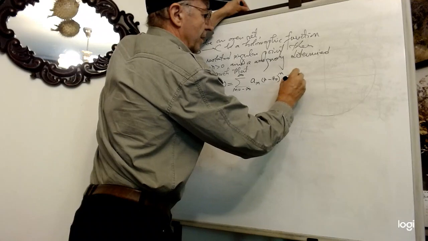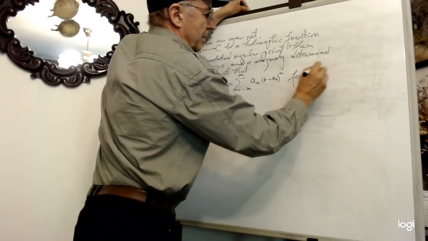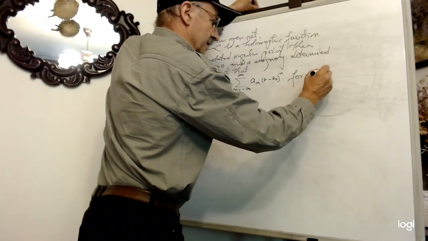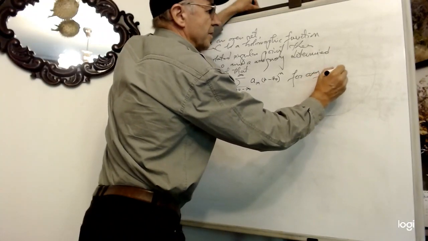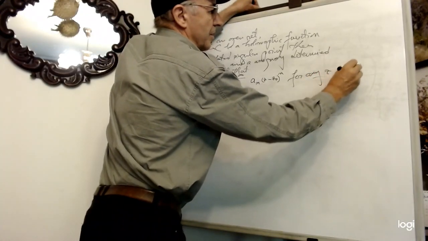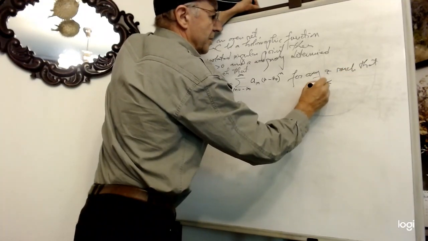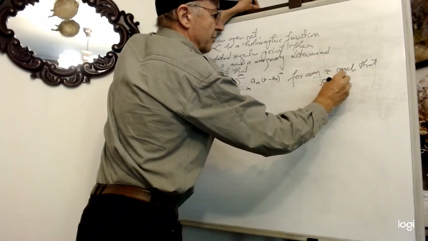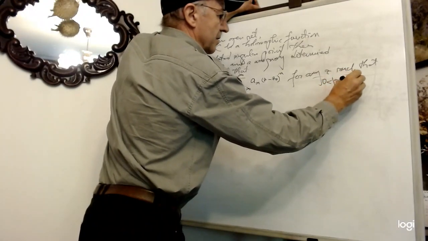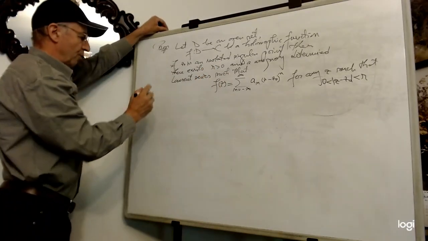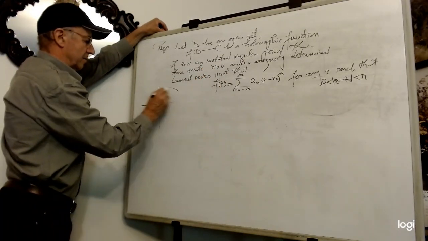This holds for any z such that 0 is less than the distance between z and z0, which is less than R, in such a disk without the center.